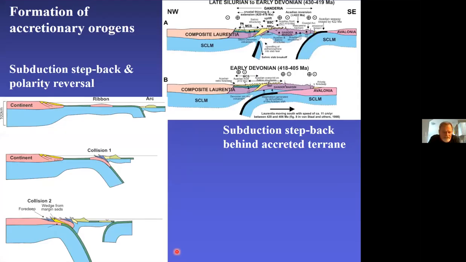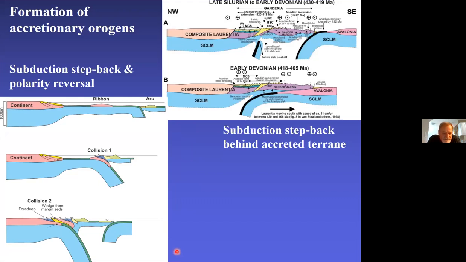This is how you can form accretionary orogens. On the left, we see an imaginary continent with a ribbon in front of it, and there's an arc approaching. Subduction is going underneath the arc. The buoyant ribbon collides with the arc.